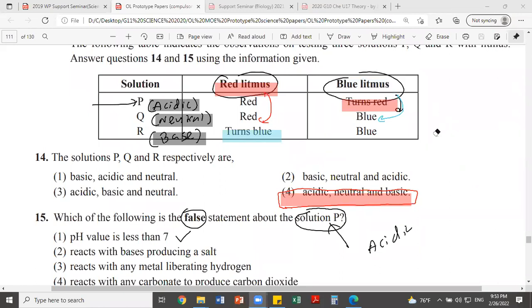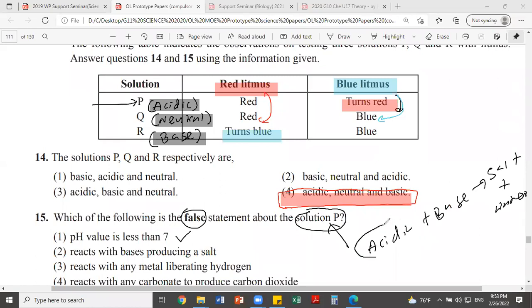Since it is acidic, it reacts with bases producing salt and water.